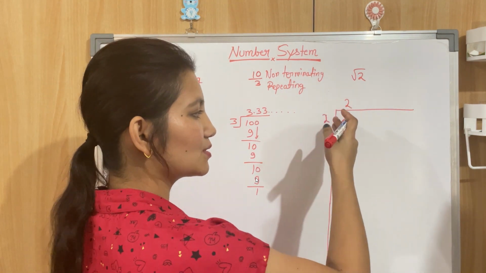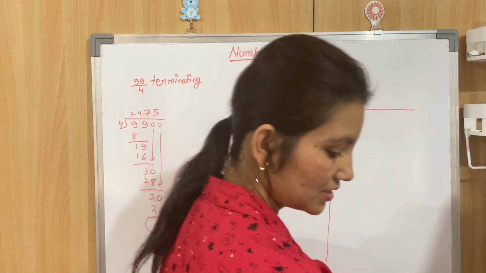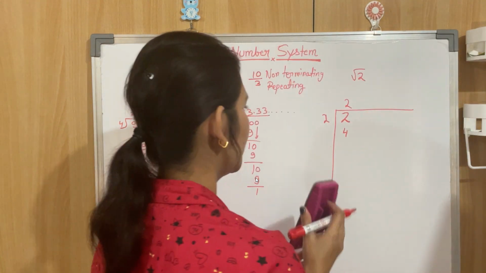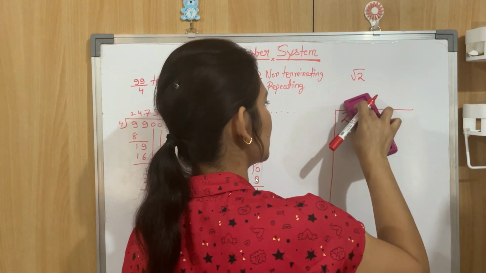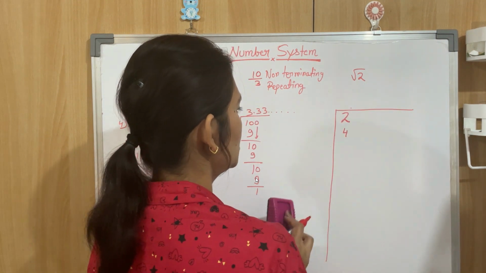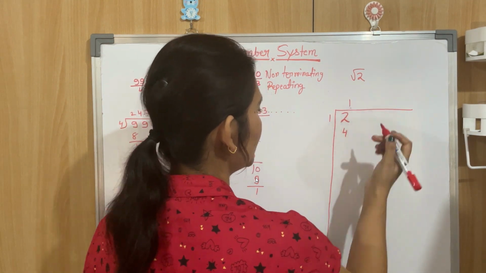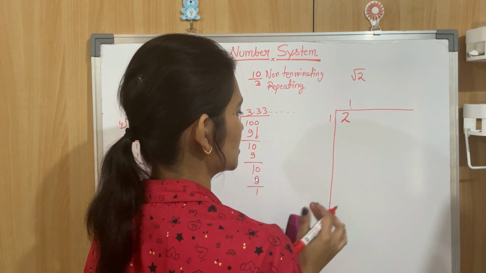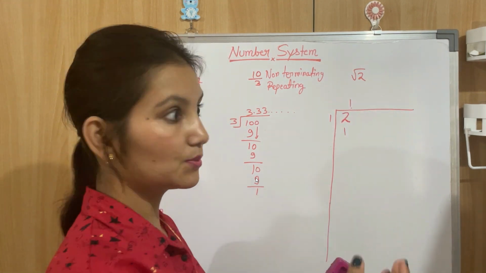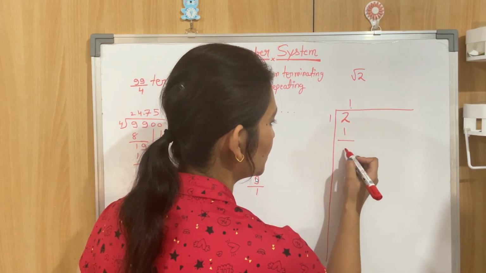So I need to take a smaller number. What is smaller than 2? It is 1, right? The integral number that is less than 2 is 1. So I take 1. 1 times 1 is 1. So it works, right? The remainder is 1 here.